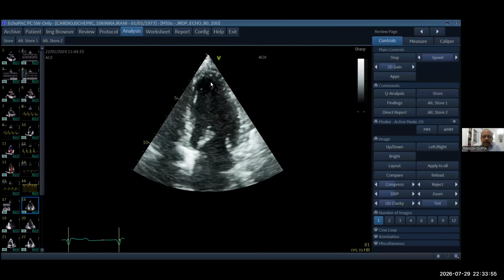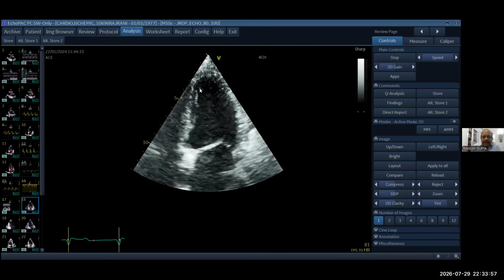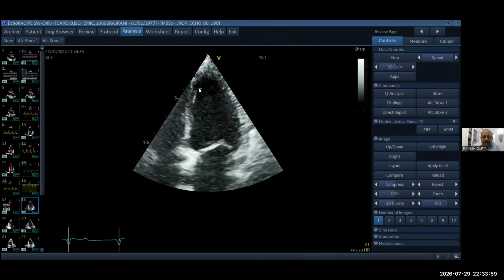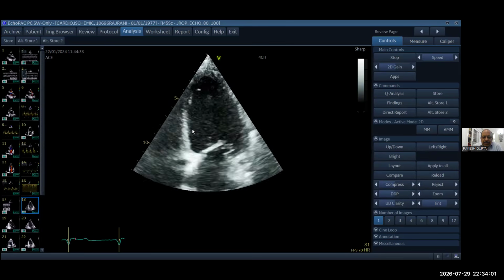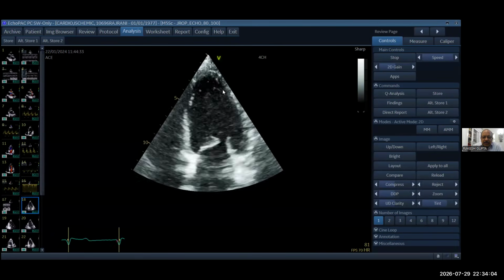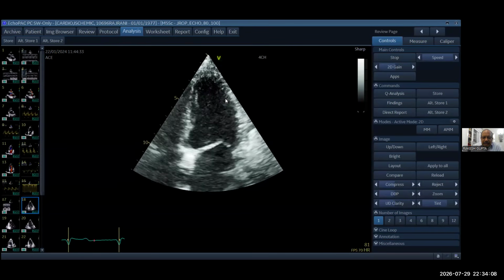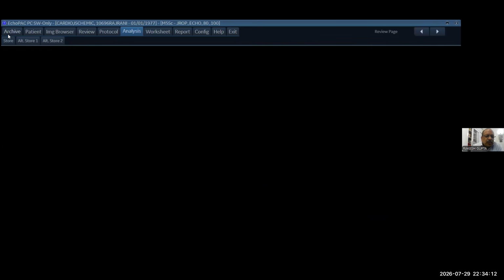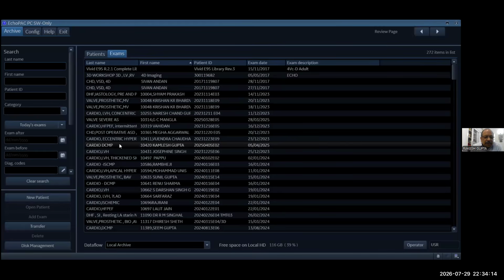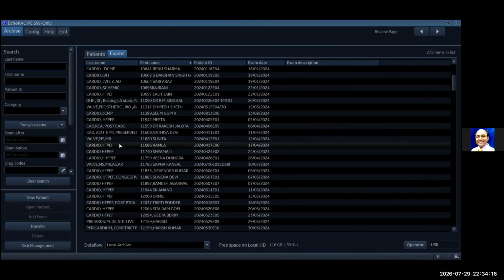Look, this part is akinetic. Mid septum, basal septum contracting. This apical septum along with the apex is akinetic. This segment is still contracting, but it's too early for all of you. Let me go to some other picture. Is the apex hypokinetic or akinetic? Akinetic. We can't see any thickening.